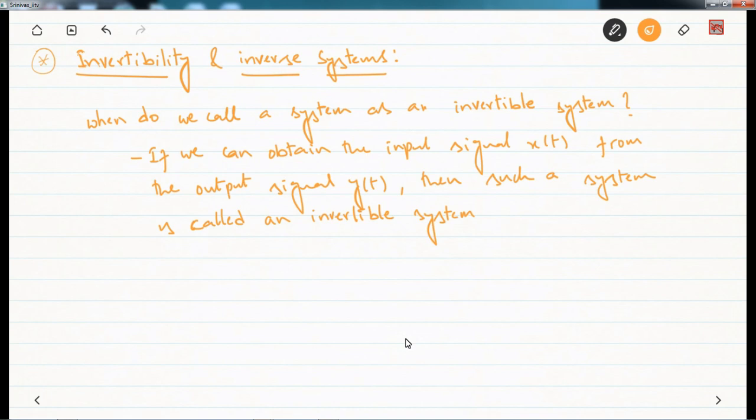So for the invertible system, the system should produce one-to-one mapping between the inputs and outputs. That means an invertible system provides one-to-one mapping.